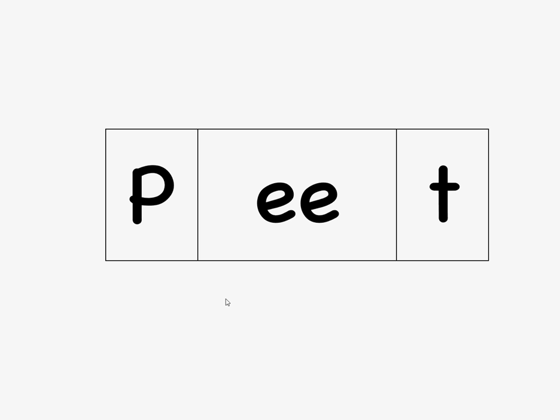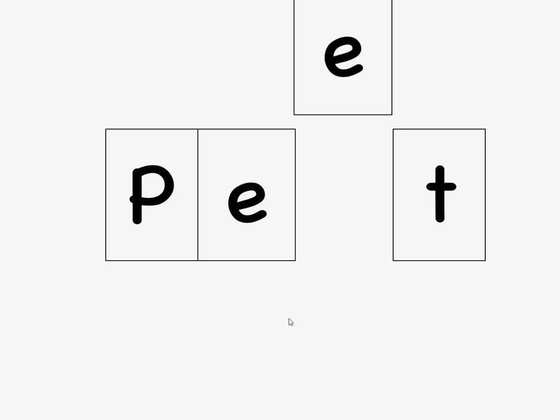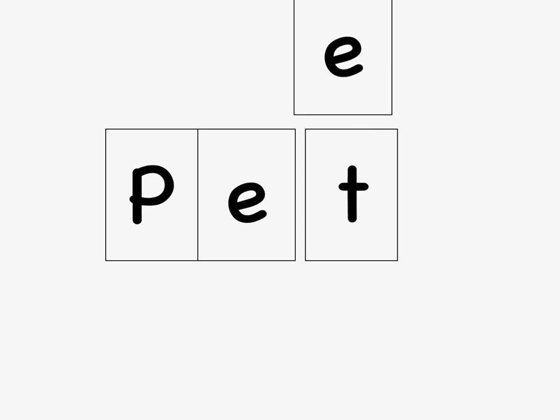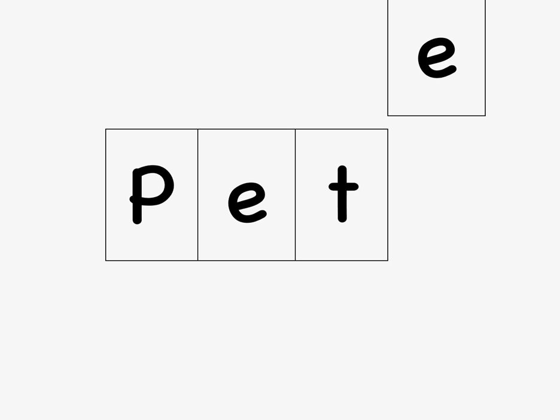But, like 2 weeks ago, this is actually a split digraph. It's quite a tricky way of spelling a name. So let's see what happens. Well, the first thing you need to do is you need to cut your E into 2 pieces. So it becomes P-E-T. But we're not finished now because several things happen. The first thing is the E and the T need to swap places.